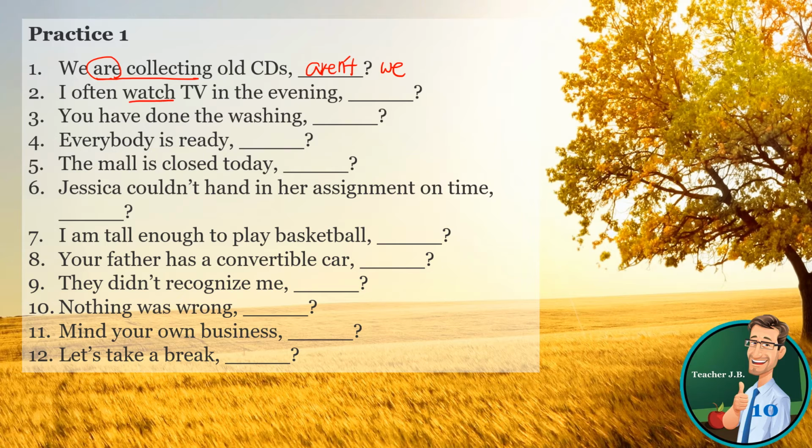So this is the main verb, and then I is the subject. So, don't I? You have done the washing. Have done. So we have to take this with a negative. Haven't you?